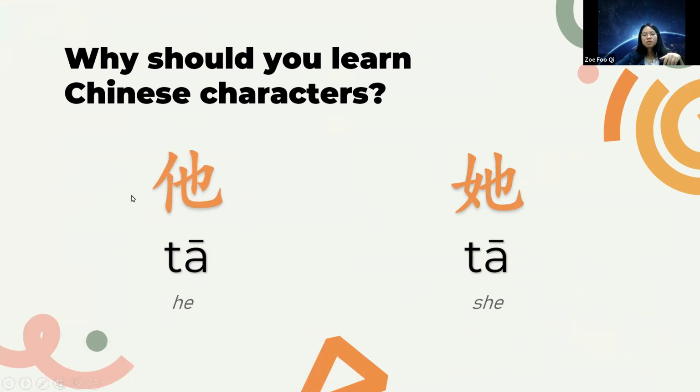The difference between these two: this one is he or she, so we have this radical, and for this one, girl only has this radical.